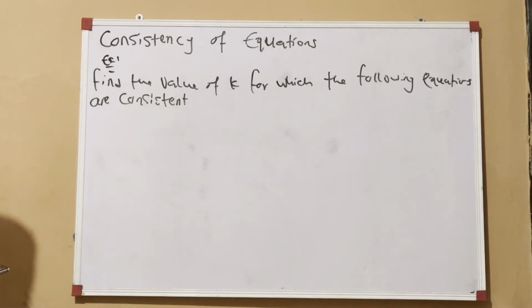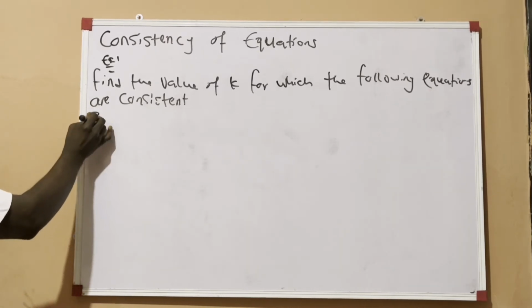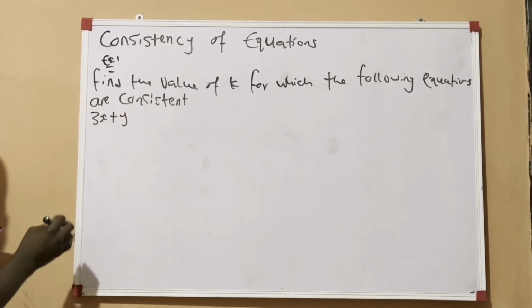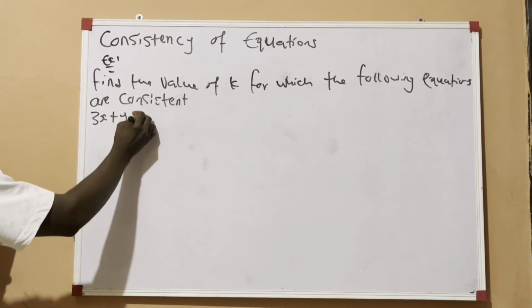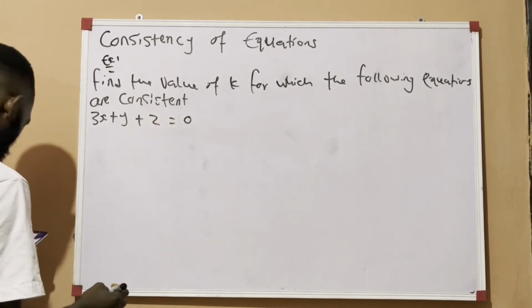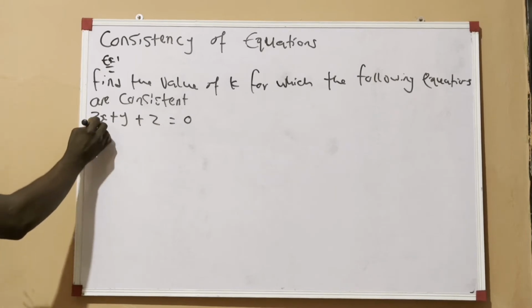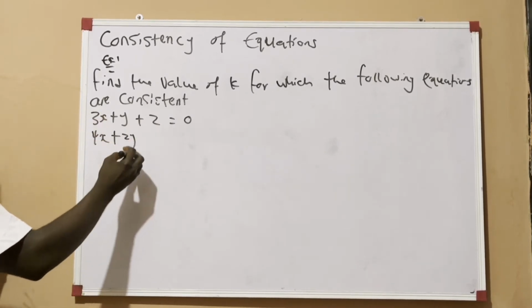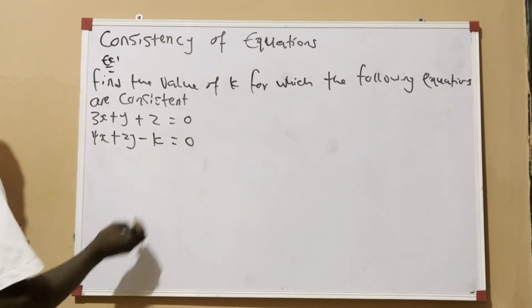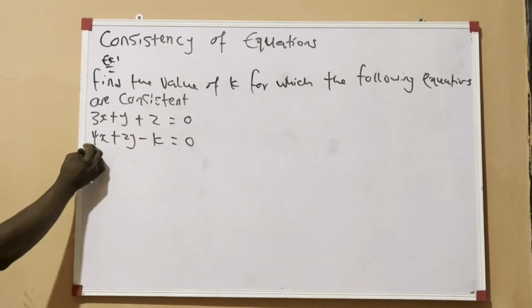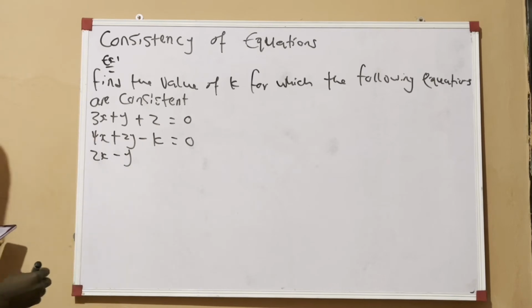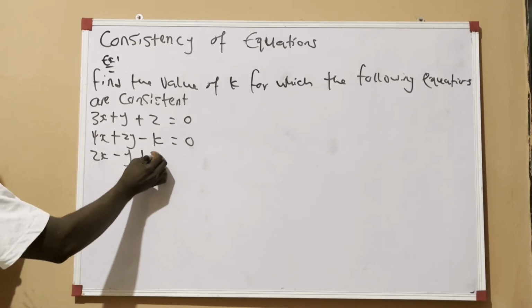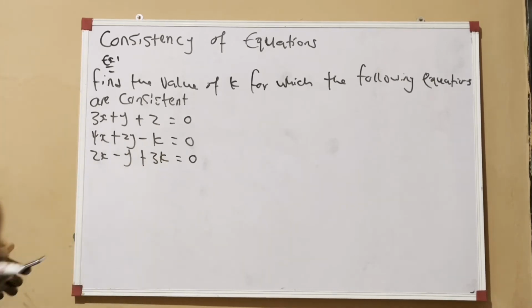And the equations are 3x plus y plus 2 equal to 0, and 4x plus 2y minus k equal to 0, and 2x minus y plus 3k equal to 0. Okay.